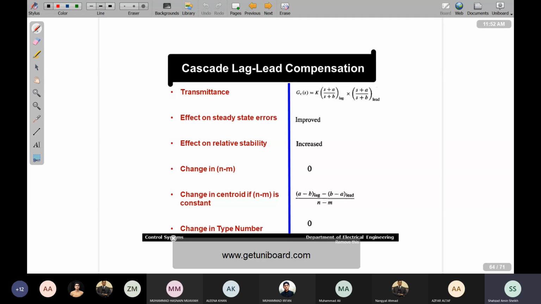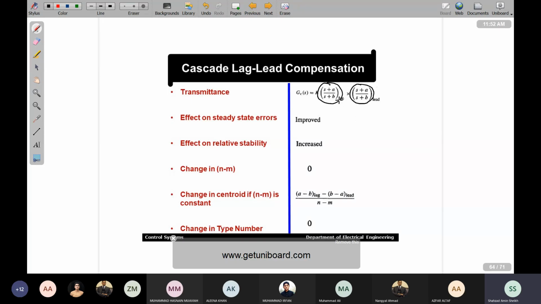अब हम क्या कर रहे हैं, यानी हमने लीड को देखा, लैग को देखा, अब हम अपने दोनों कंट्रोलर्स को मिक्स कर रहे हैं, और एज अ रिजल्ट ऑफ दैट इस ब्लेंडिंग के नतीजे में हमें कुछ इम्प्रूवमेंट मिलें, एंड वी आर सीइंग इट रफली। हमें जो चीज़ नज़र आ रही है वो ये है कि आपकी जो ट्रांसमिटेंस है GCFS, in fact that portion is coming from the lag component S plus A over S plus B, and this component is coming from the lead.